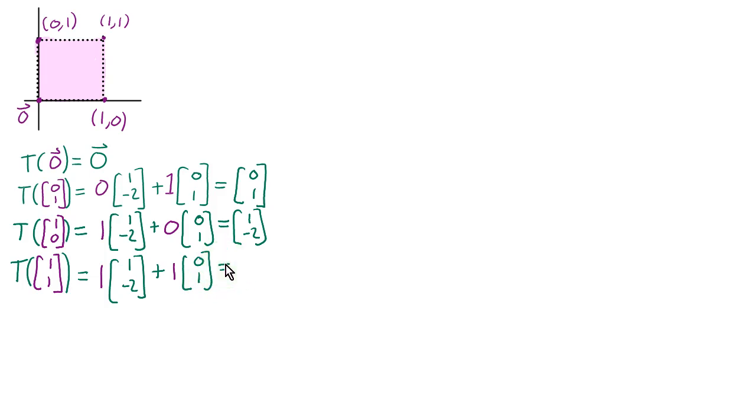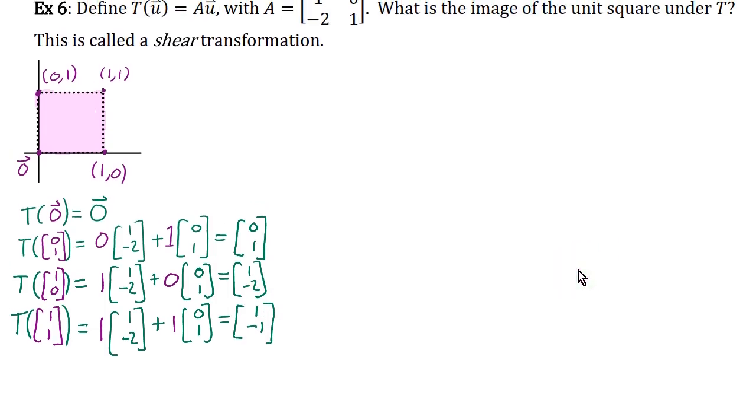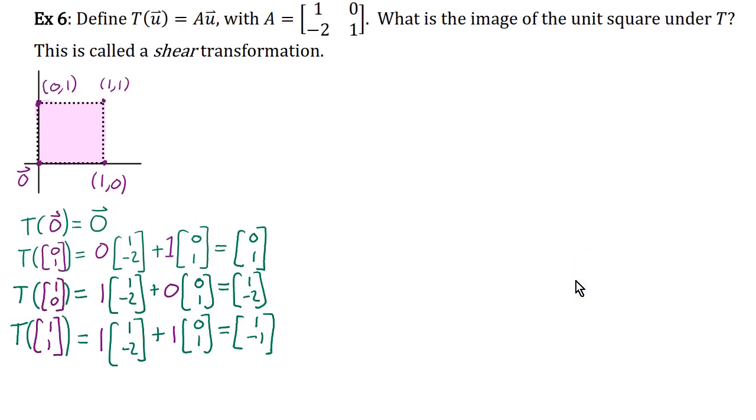That's going to give you (1, -2) plus (0, 1), which comes out to be (1, -1). Okay, so what do you do with that? That tells you 4 points that are in the image of the unit square under T. These are 4 important output points.